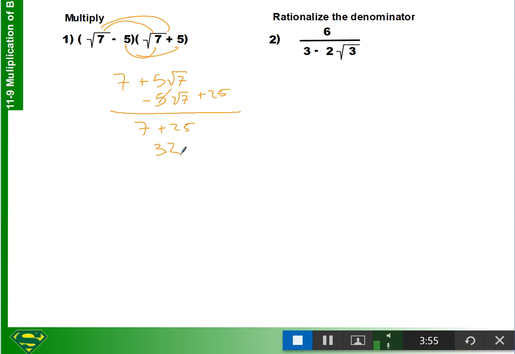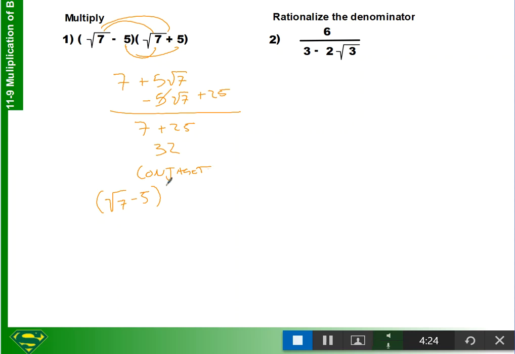Well, how is that helpful for rationalizing a denominator? Well, I'm going to introduce a vocabulary word before I do that. If I have my 7 minus 5 root 7, the conjugate, I'm probably misspelling it.